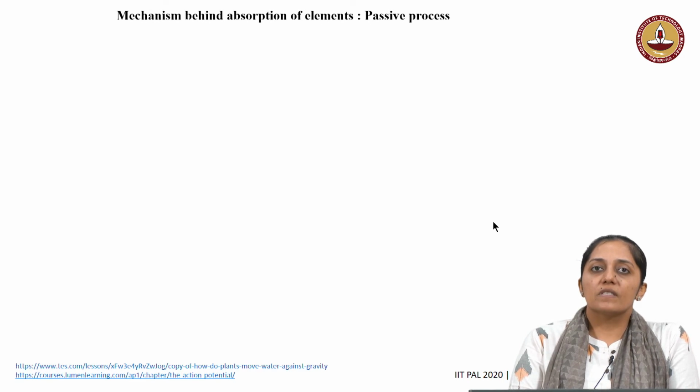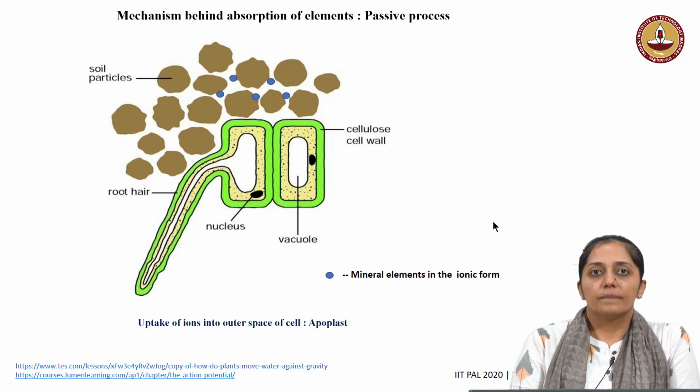Now, let us see what is the mechanism behind the absorption of elements. If you see the picture on the slide, there are two main processes, mechanisms by which these essential elements are absorbed by the plant.